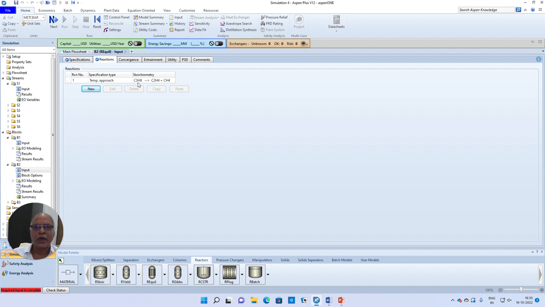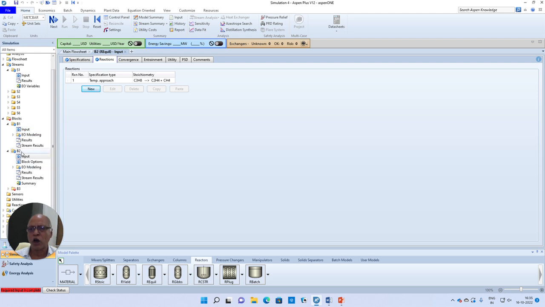Now, unless you know the stoichiometry, you will not be knowing mu i, the stoichiometric numbers, because this model is going to calculate the chemical reaction equilibrium based on sigma mu i. We need to define the stoichiometry. So we have taken care of block B2, which is the R equilibrium.